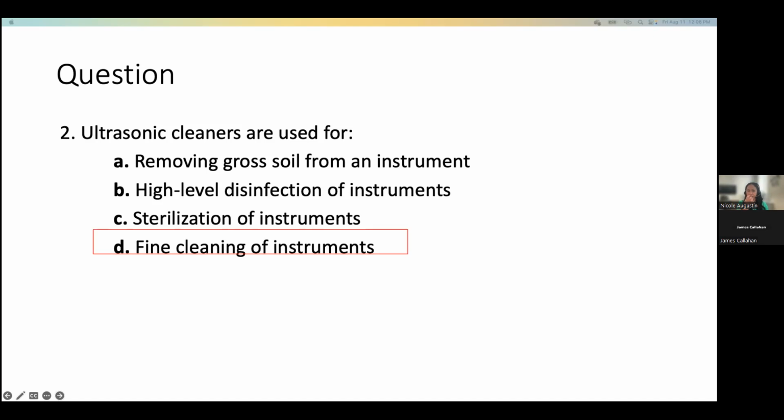And the correct answer is D, fine cleaning of instruments. When I actually tried to answer this question, I got it wrong. Initially, I thought it was removing gross soil from an instrument. But when you're removing gross soil, you actually want to wipe it down and use an irrigation process, as opposed to an ultrasonic cleaner, which only fine cleans the instruments.